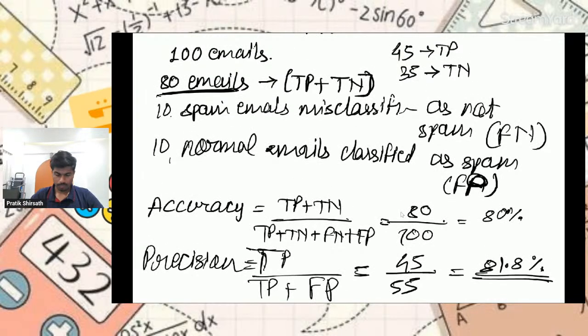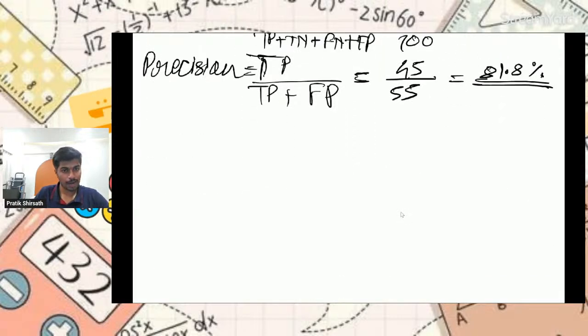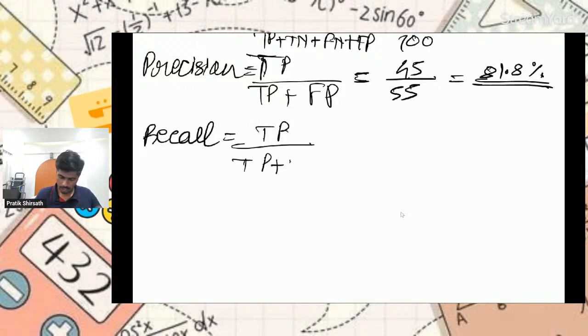And without looking at the next thing, I will tell you that my recall will be the same as that of 81.8%. I will tell you the reason why I did it without calculation. Trust me guys, I don't know, this is a spot on example. So this is recall. What does recall mean? Recall is TP upon TP plus FN.